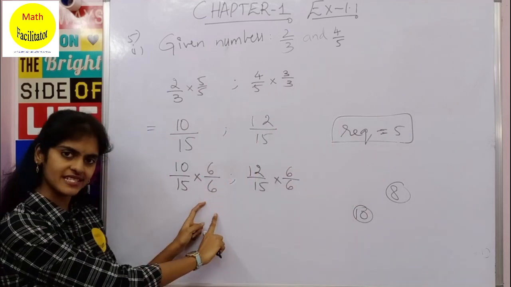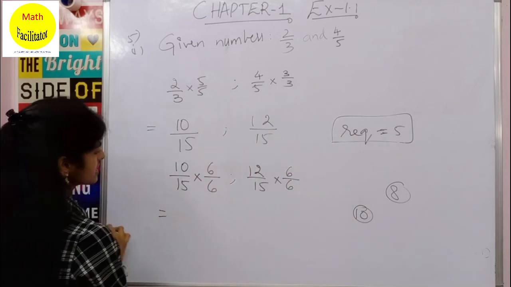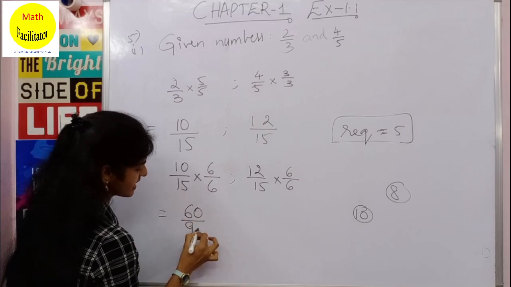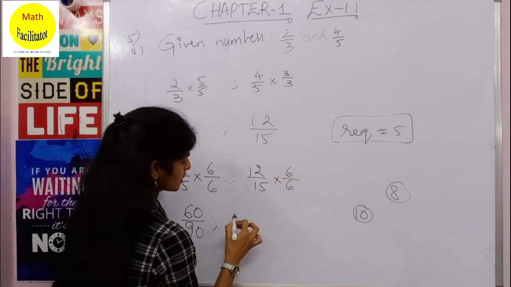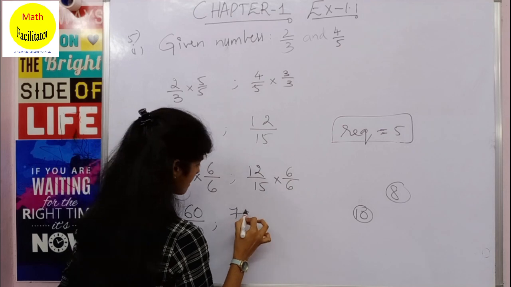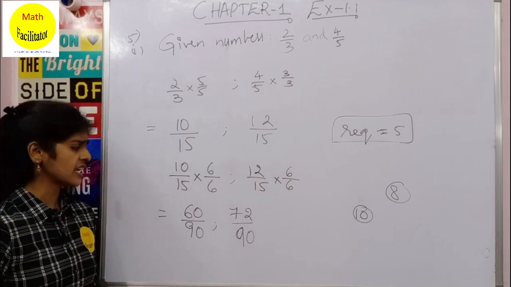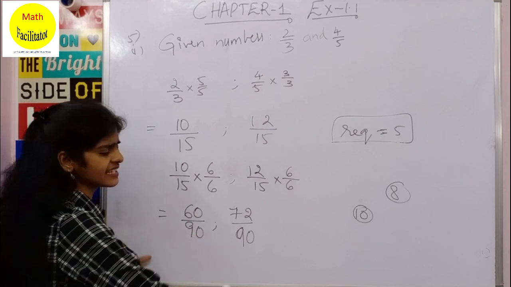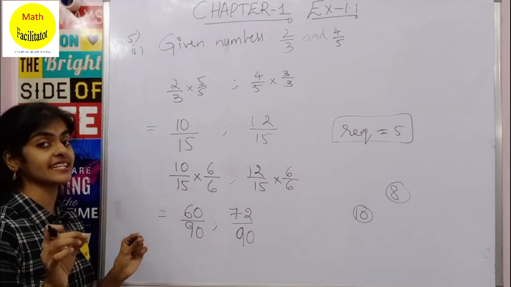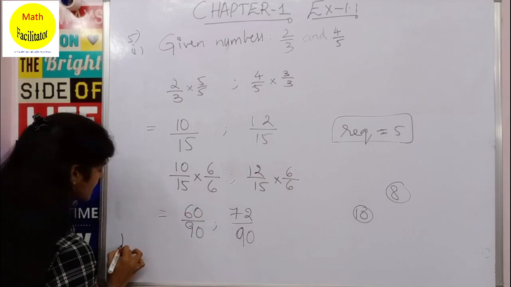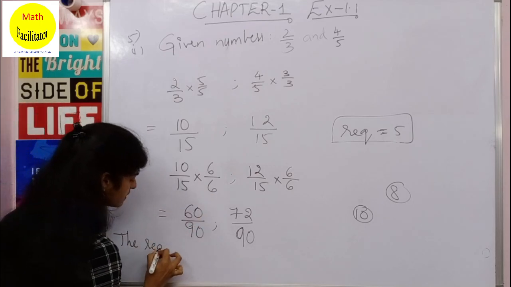So this is equal to 10 into 6 is 60 by 15 6s are 90. Here you have 12 6s are 72 by 90 again. Now you don't even have to check, you can directly insert rational numbers. You will definitely get the required number of rational numbers because we have followed this method.